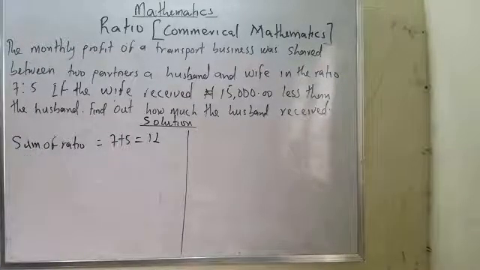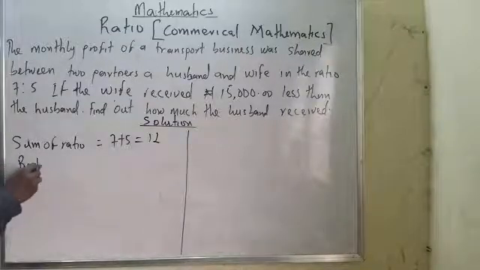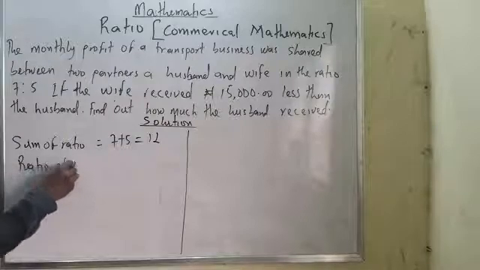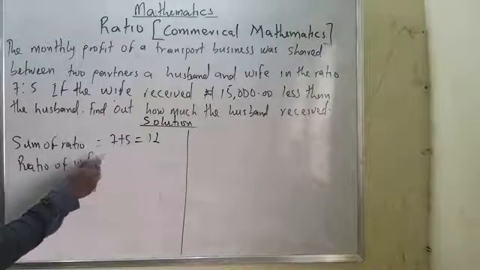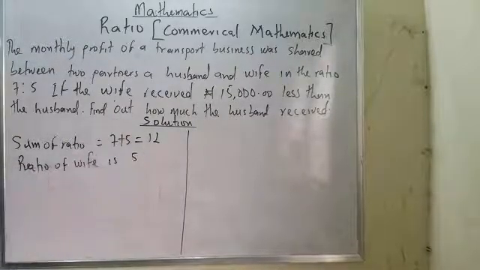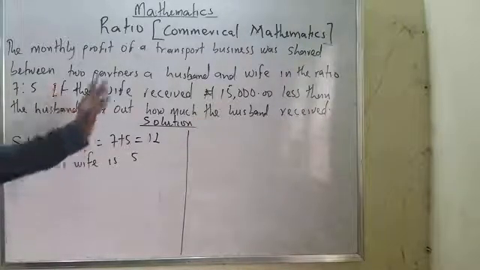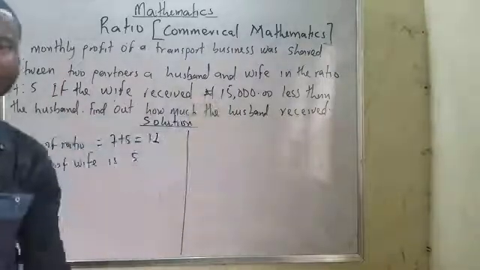Now, what you need to do: the ratio of the wife is 5. Now, the amount, you don't know it, because they didn't tell us the amount of money. What they just gave us is that the wife receives something less than the husband.